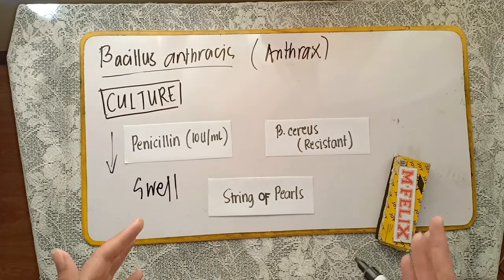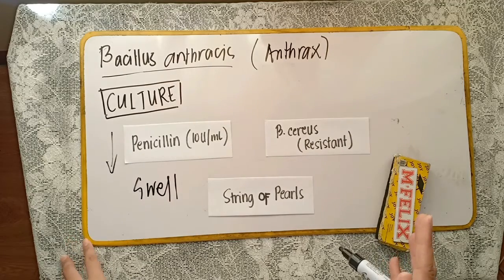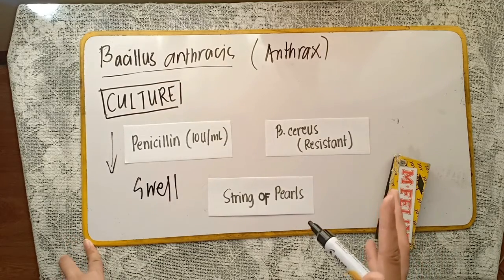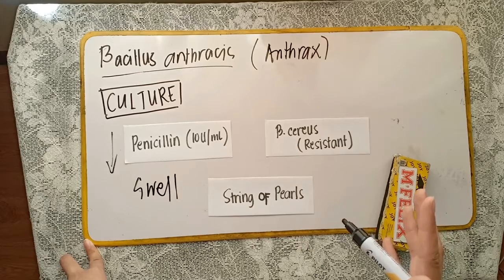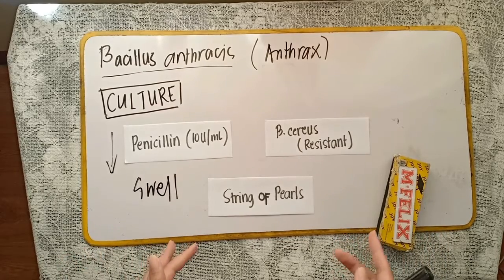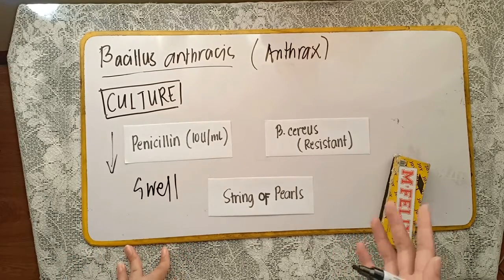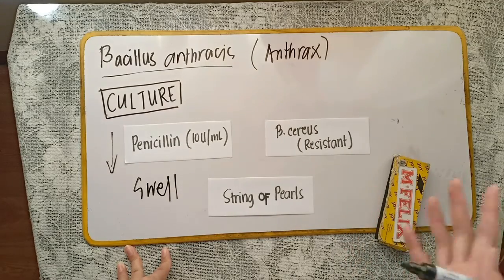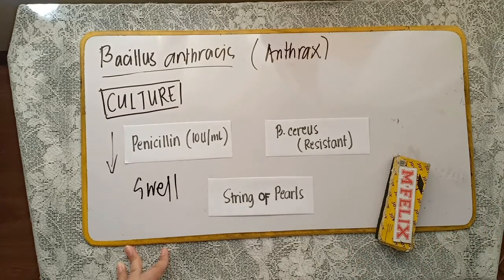Okay? So, after incubating your culture media, kung Bacillus anthracis nga yan, it has the tendency to form a chain of cells resembling string of pearls as we call it.